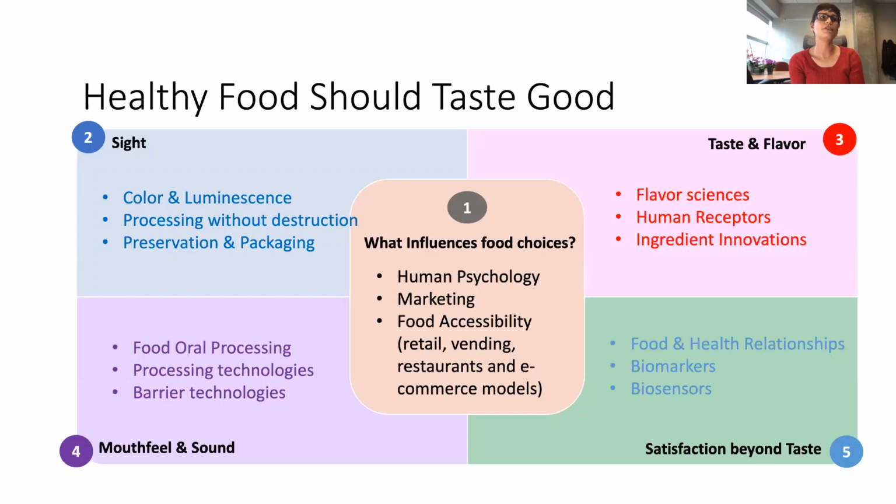In terms of mouthfeel, food oral processing, thinking about texture, is again a very important component. There are processing technologies to change the texture, to make it interesting, and other technologies that allow you to play with the texture. Just think about vegetable chips you have probably seen. The way they do it, they use some osmotic processing.